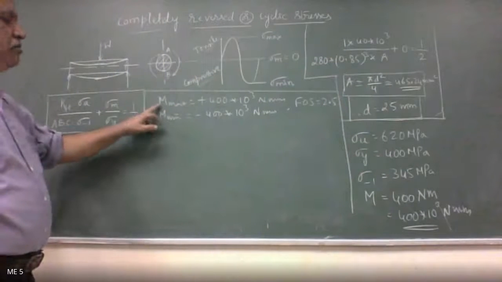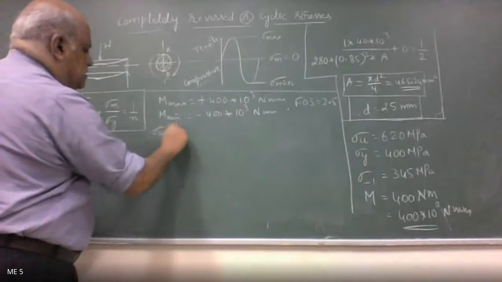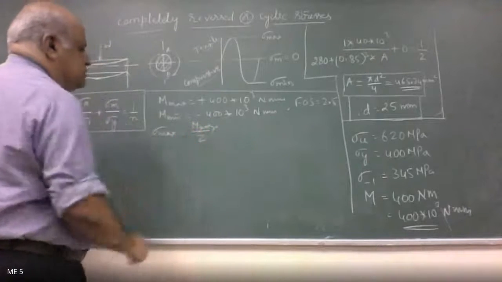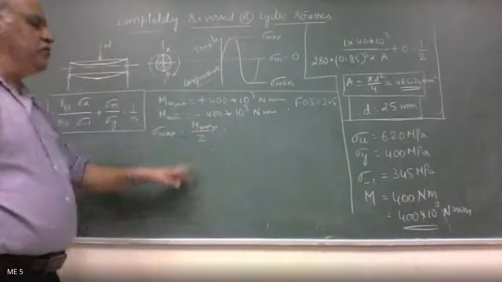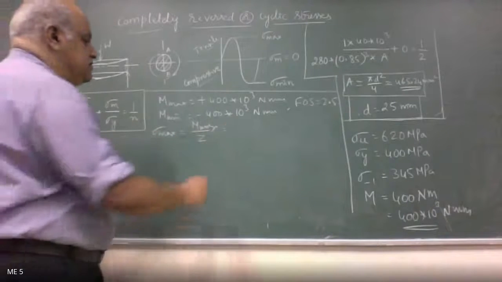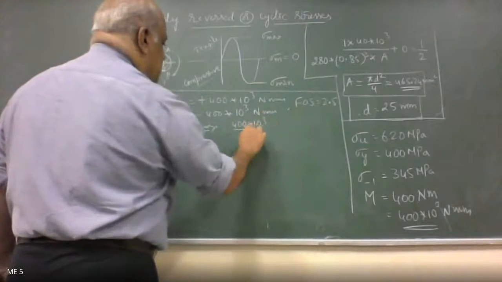So therefore you have got bending moment. So find out sigma max, that is equal to M max divided by section modulus. Since diameter is to be found out, you need not have pi d cube by 32 here, keep z as it is. So that's going to be 400 into 10 power 3 divided by z.